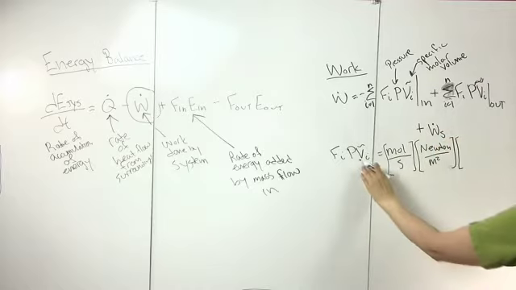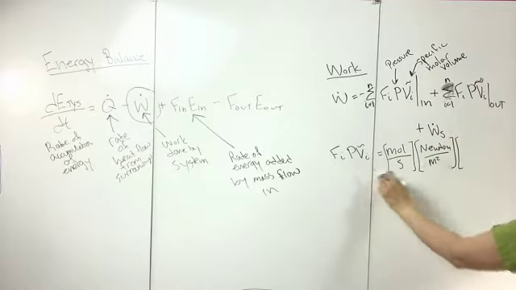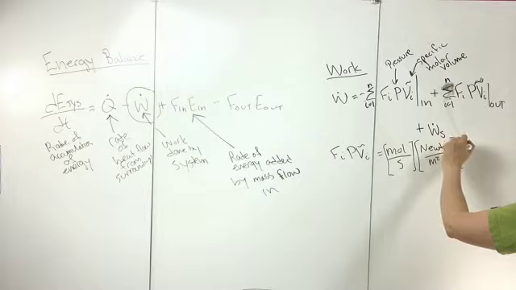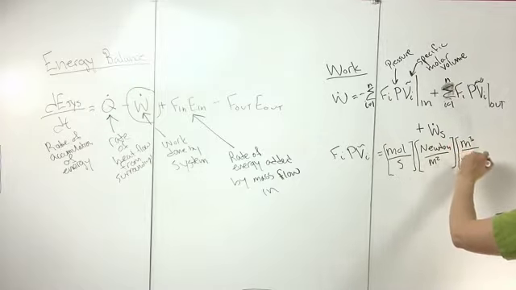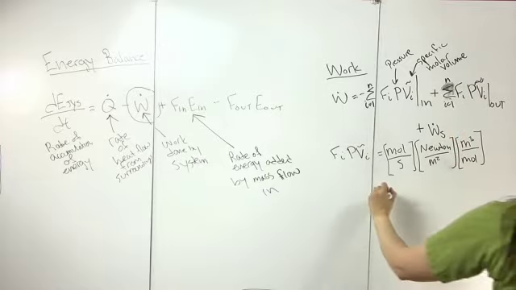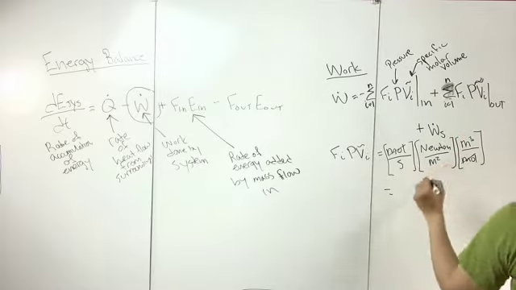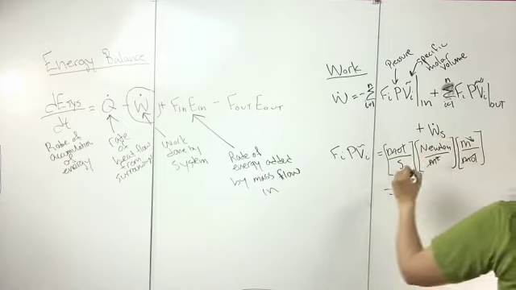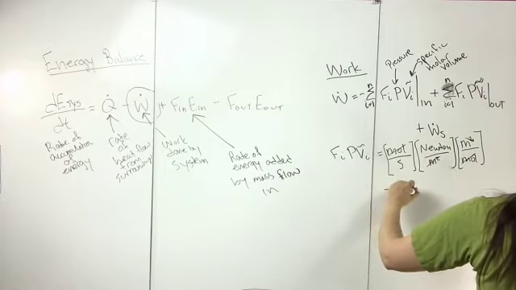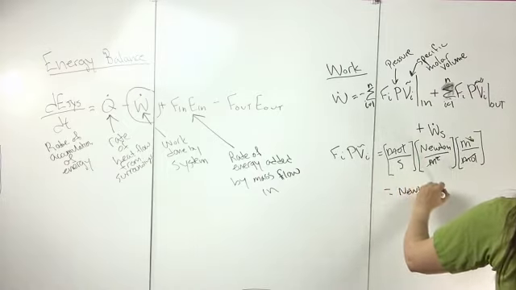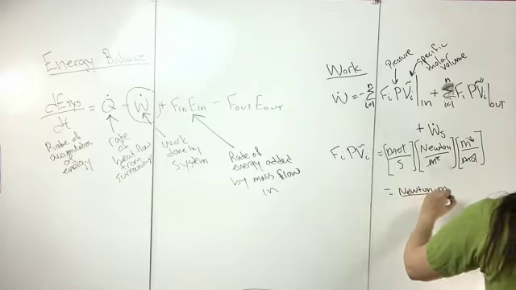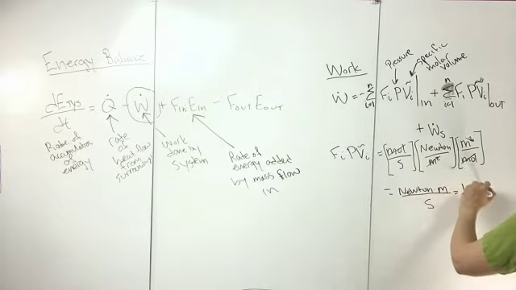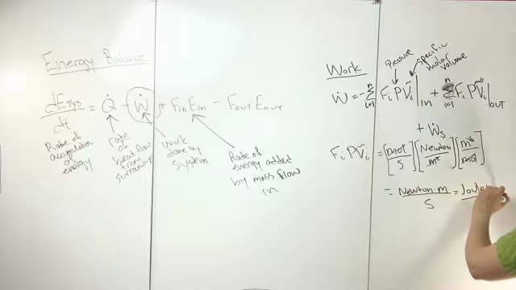And then the specific molar volume is a volume divided by moles. And so that cancels, and you end up with Newton meter per second. And this is equal to joules per second, which is equal to watts.